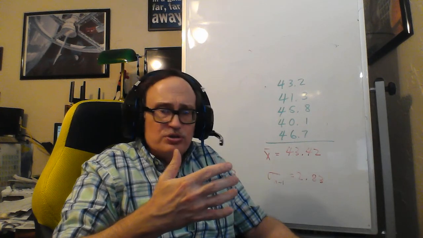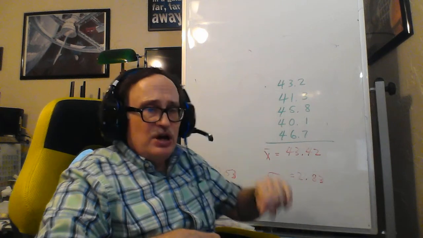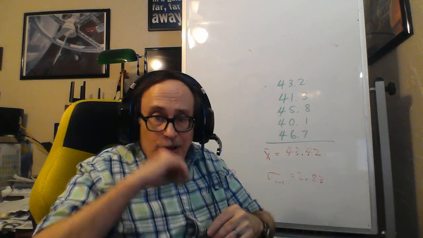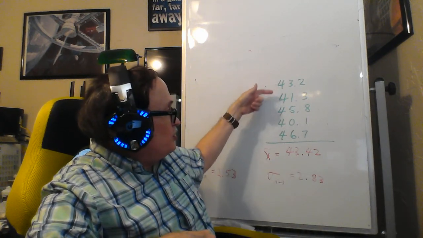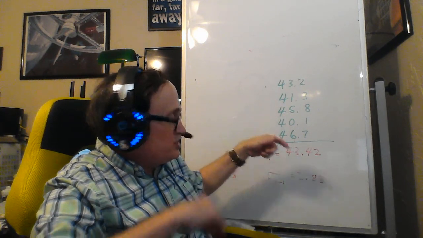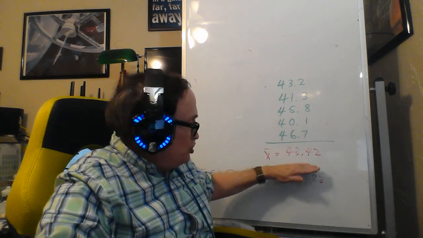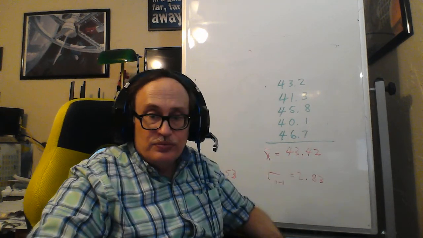Well, for example, say you're collecting 5 numbers, and you get 43.2, 41.3, 45.8, 40.1, 46.7. If you take the average of all those, you get 43.42.